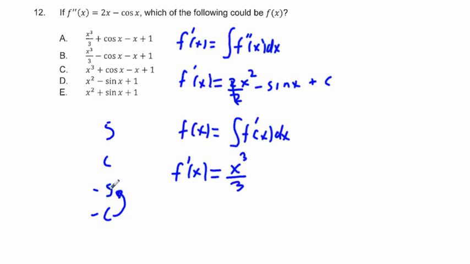And then the integral of negative sine x is cosine x. So we're going to have plus cosine x plus our constants of integration, which we didn't find out, c1 x plus, we'll call this next one c sub 2.